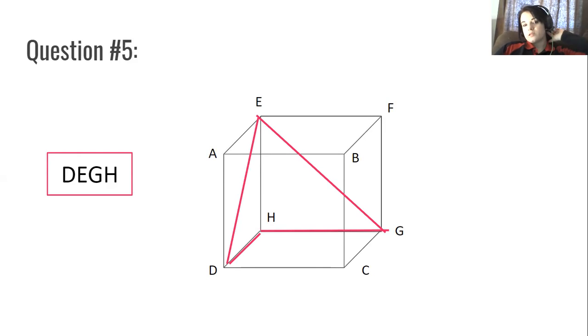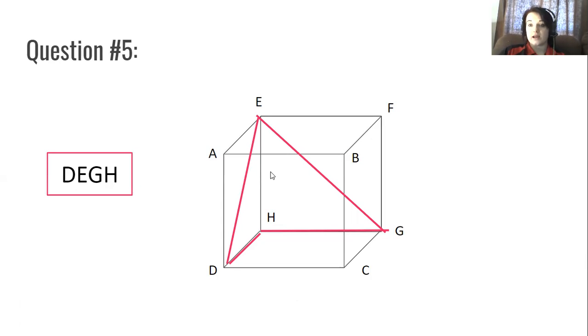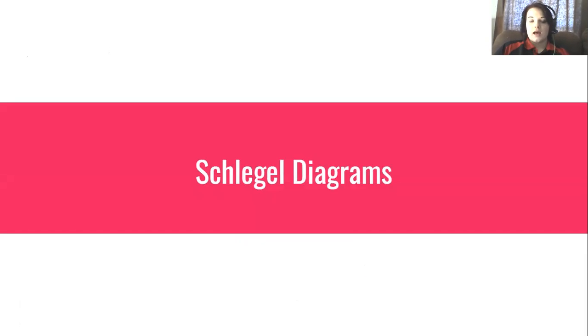And here in just a second, we are going to get a little visual of what it looks like. I apologize ahead of time. I did not connect D and G or H and E, but it's pretty much going to create a certain image whenever you connect the points. And we'll look at that in this next question with our Schlegel diagrams that we're fixing to talk about.